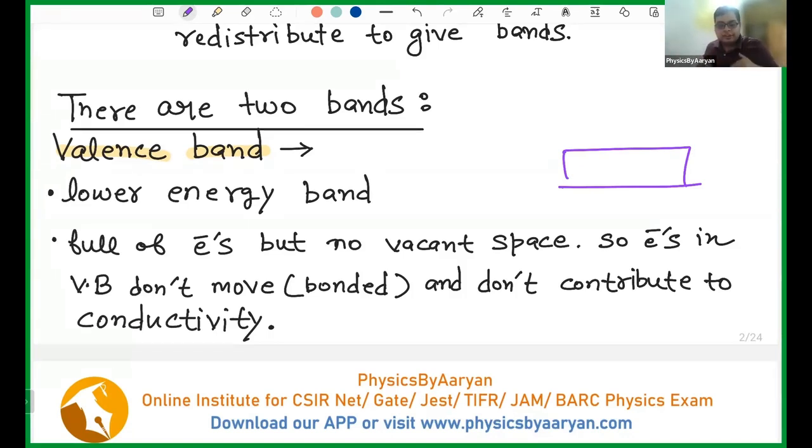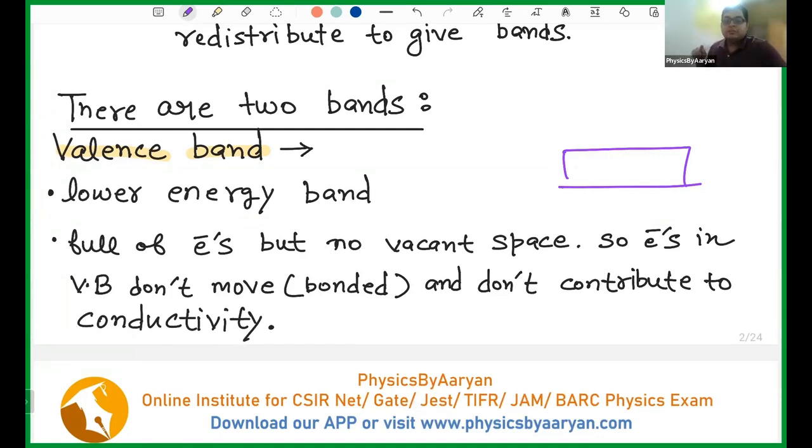So in valence band, what is happening? Number of electrons is so large, but there is no vacant space. So electrons cannot move, and if electrons cannot move, they cannot have current or conductivity. So remember one thing, electrons in valence band give no conductivity.